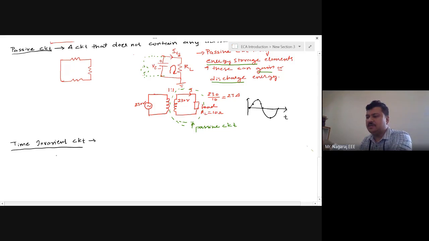Time invariance means what? Response of the circuit does not depend upon the time or does not change with respect to time. The circuit behavior, it is not exactly the circuit output.